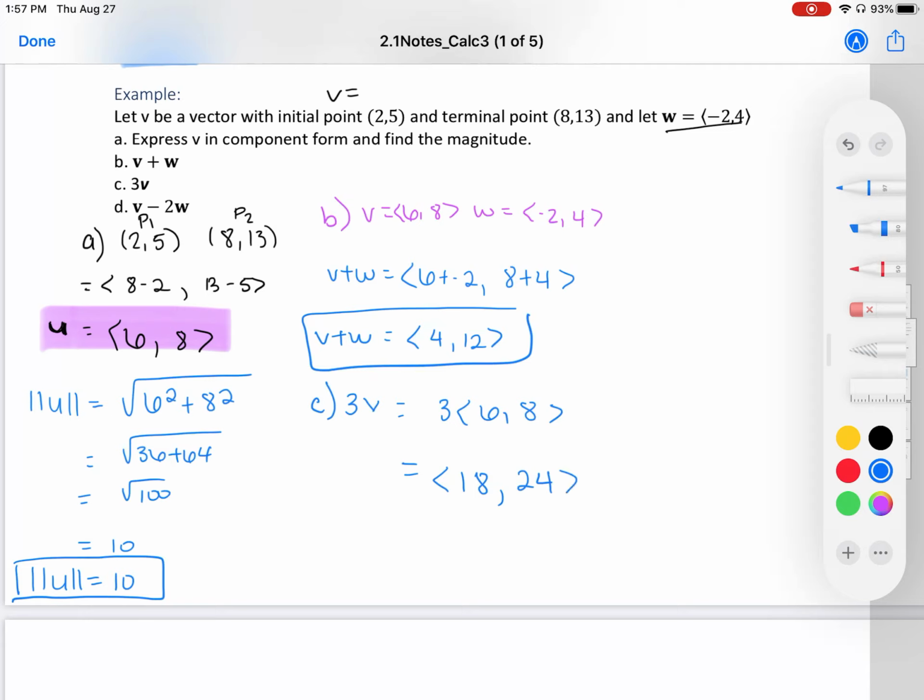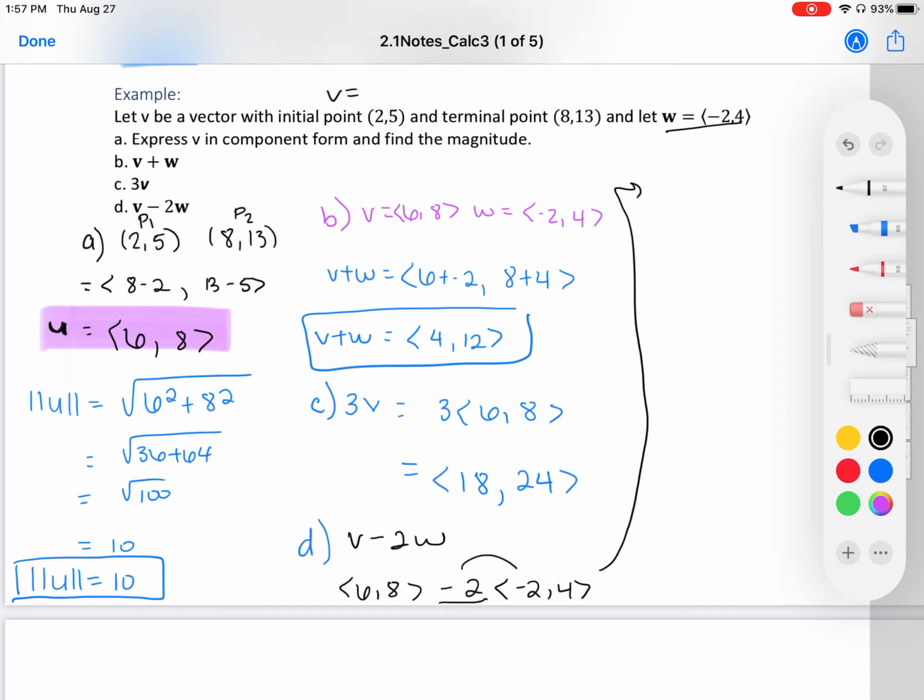Next, we have D. All right, so for D, we have v minus 2w. So for this, we want to follow order of operations. So we first need to find what is 2w. So v is 6, 8 minus 2 times w, which is -2, 4. All right, let's go ahead and multiply in that -2 into each term in our vector.